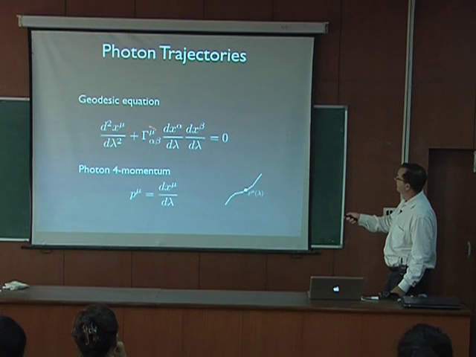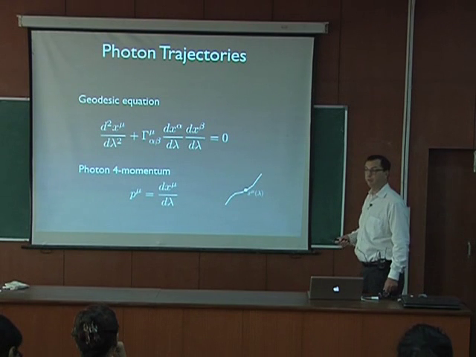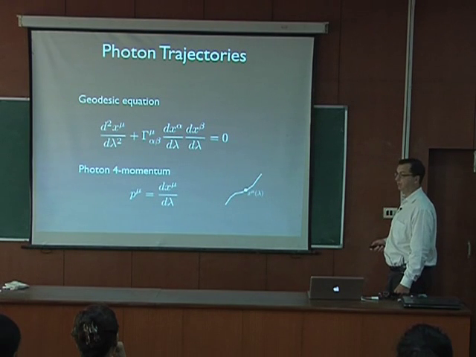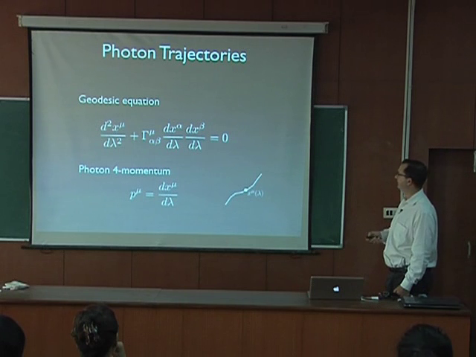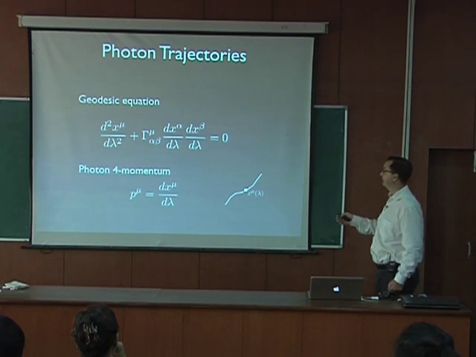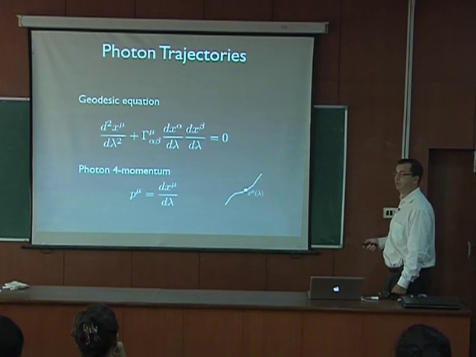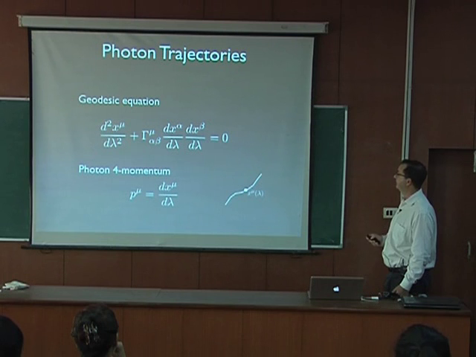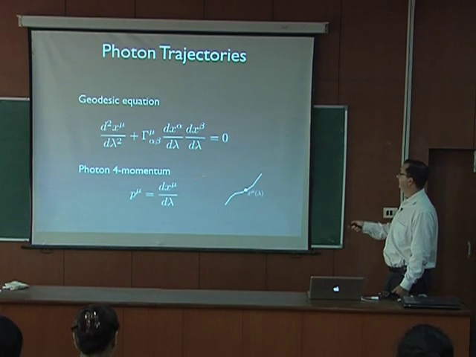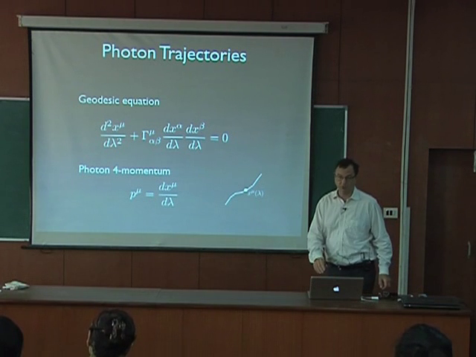It also involves this symbol here called the Christoffel symbol, which can be computed from the metric, as Anjan was saying, I think yesterday or the day before. So this is basically a differential equation for the trajectory of the photons, and given a spacetime with a given metric, we can compute the Christoffel symbol and solve this equation, and generally get a solution for the trajectory of the photon.